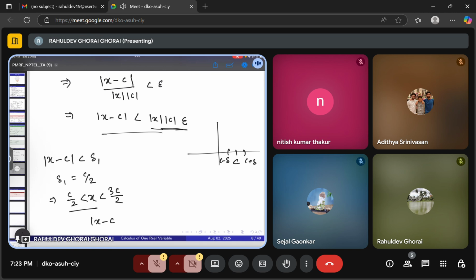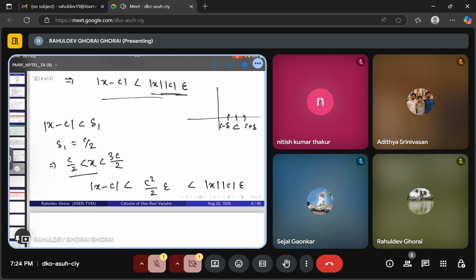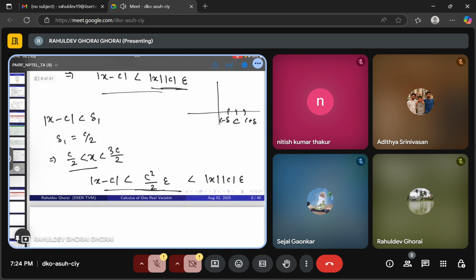So if |x - c| is less than c squared by 2 times epsilon, then it will be less than |x||c| epsilon, because c by 2 is less than x.